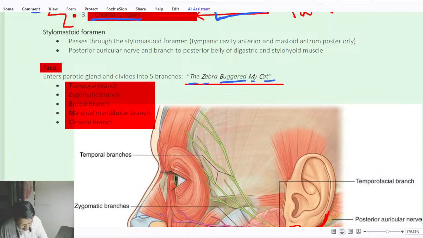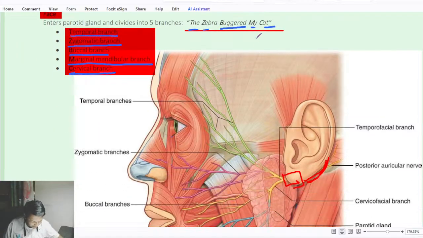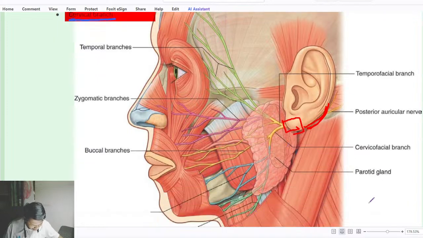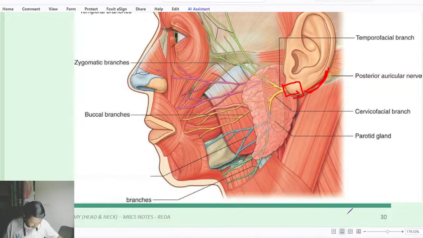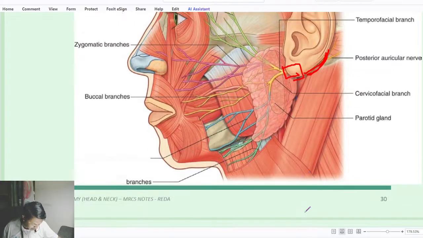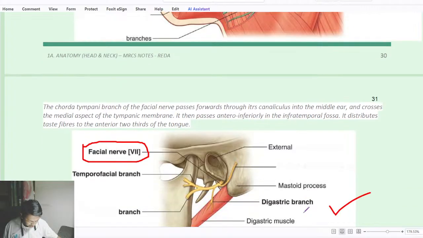Temporal, zygomatic, buccal, marginal mandibular, and cervical branch. There are two mandibular. Remember yesterday we discussed: one is marginal mandibular, another one is the mandibular division of trigeminal. Both are different. The facial nerve coming, then they are different branches.